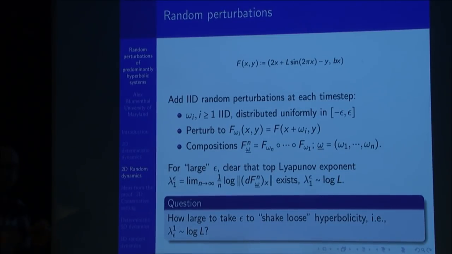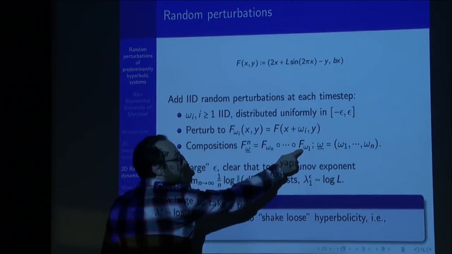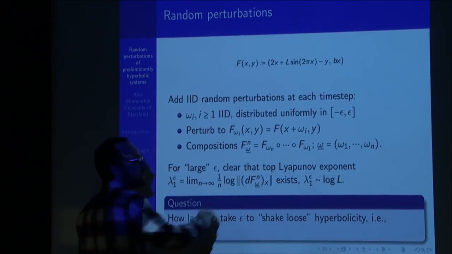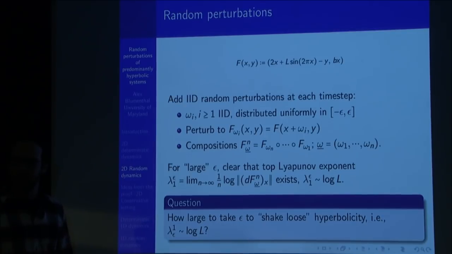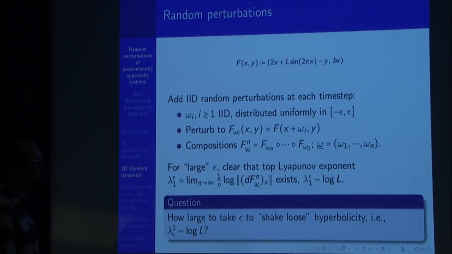And so I'm interested in the asymptotic dynamics of these random compositions, where the kick, the omega that I apply at every time step, is an independently chosen omega, okay? So this is the noise in the system, okay?